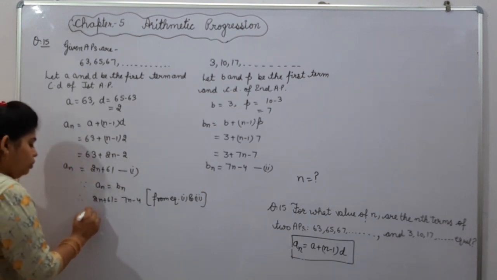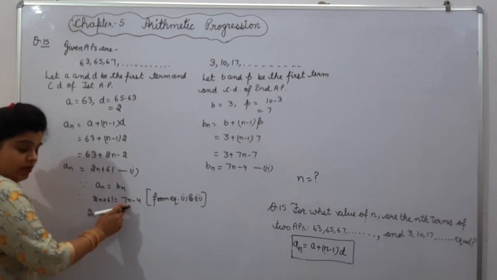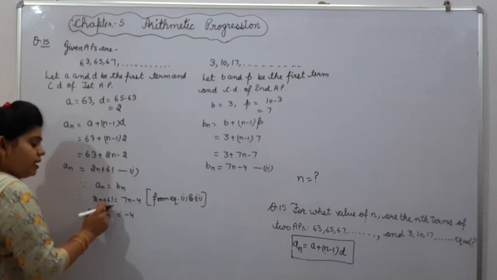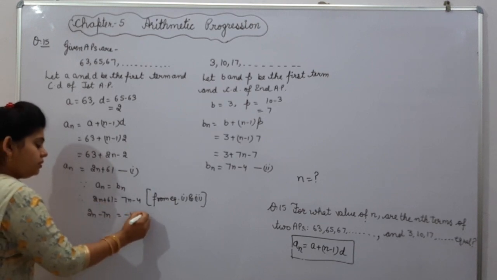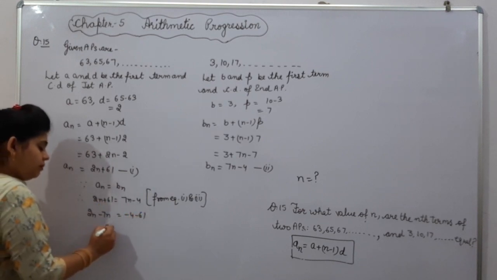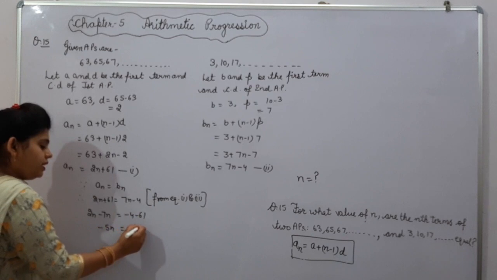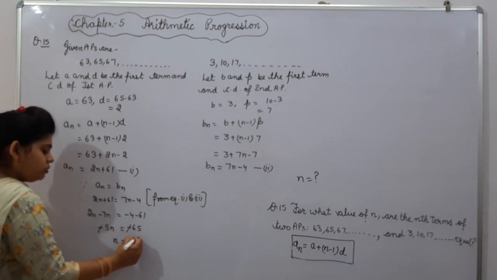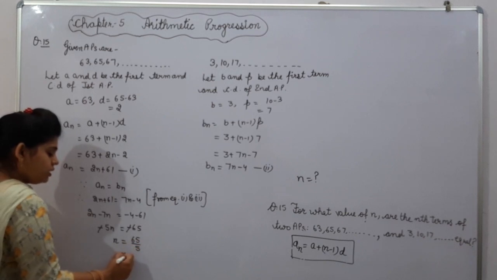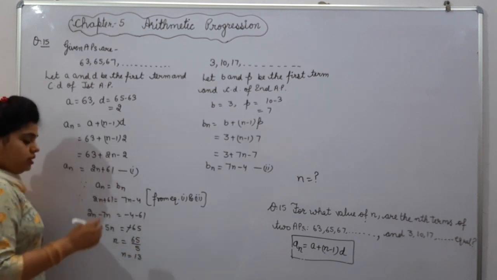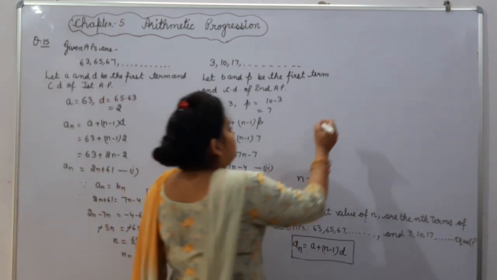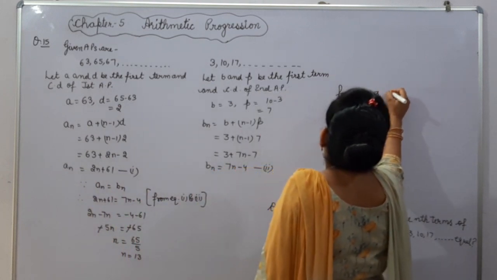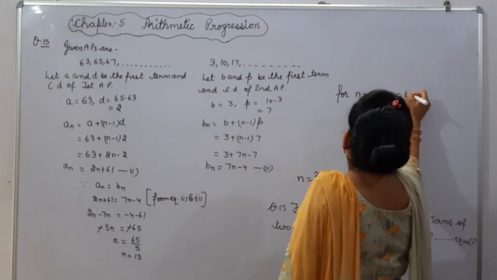Now 2n, this plus 7 will become minus 7n, and minus 4 plus 61 will become minus 61. We will get minus 5n is equal to minus 65, the minus signs cancel out, n is equal to 65 by 5, n is equal to 13. Means for n is equal to 13, an will equal bn.